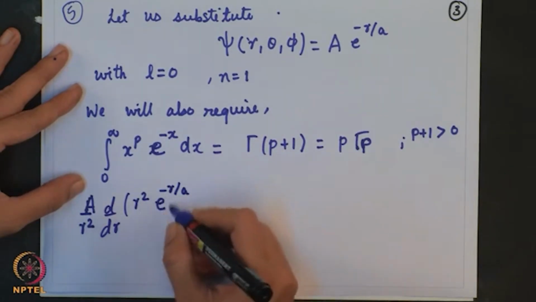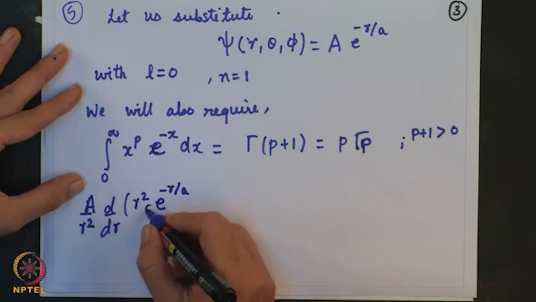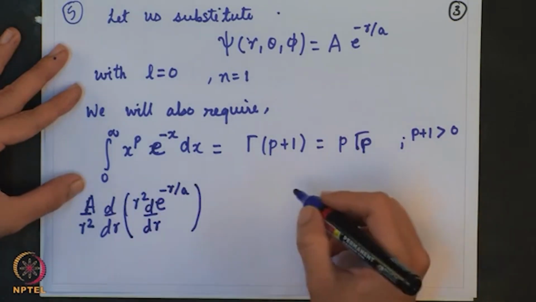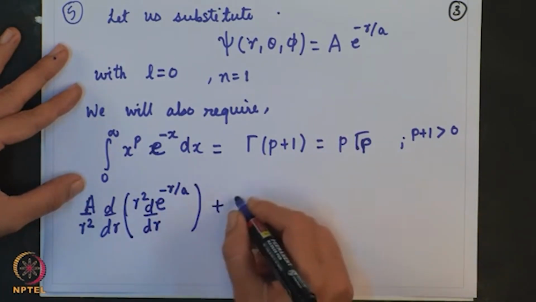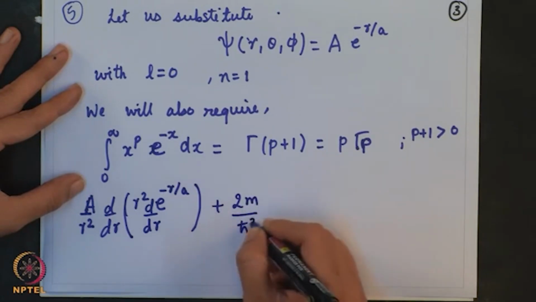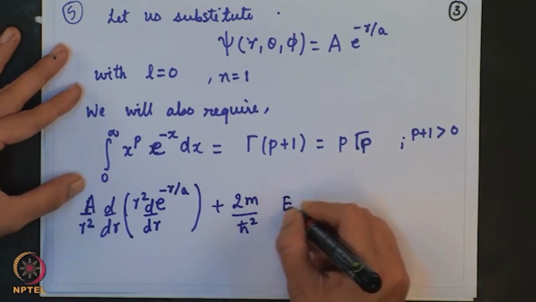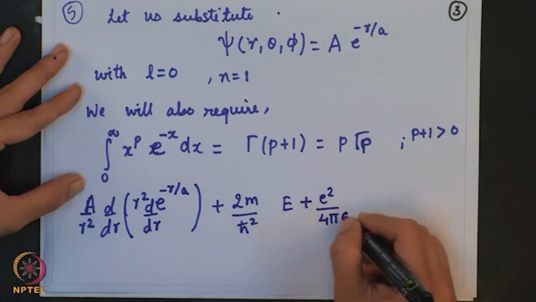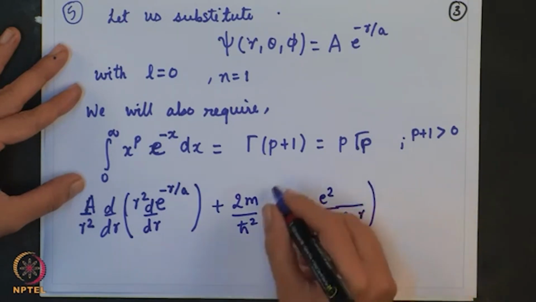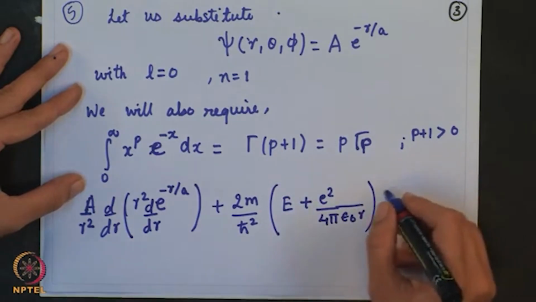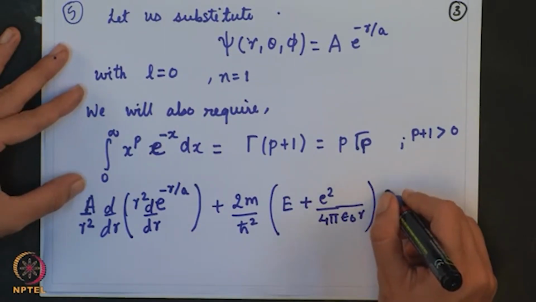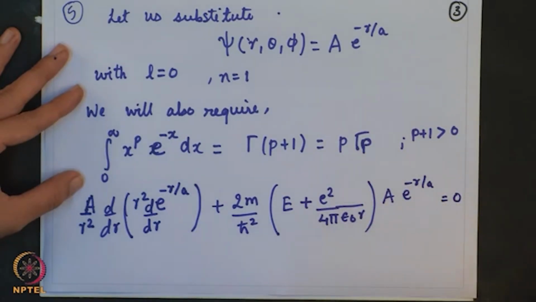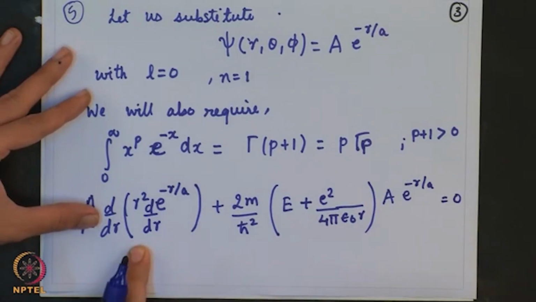The second term is h cross square and e square upon 4 pi epsilon naught r. This term will remain untouched. So, I have a e raised to minus r by a, and this equals 0.